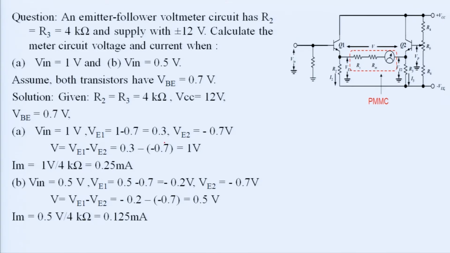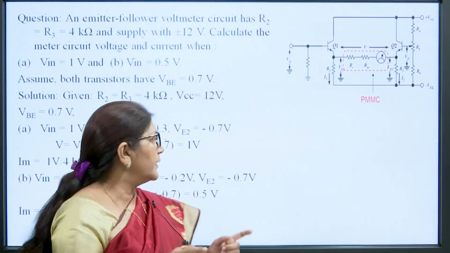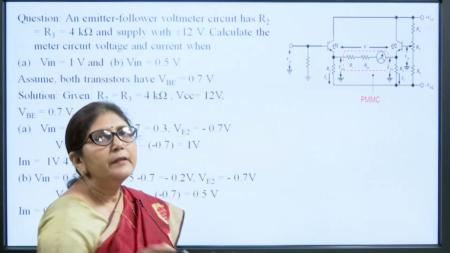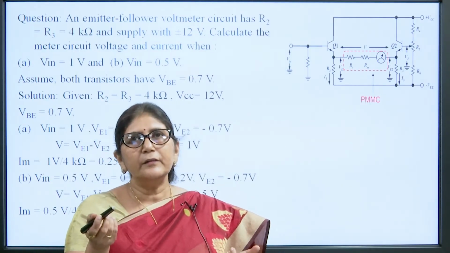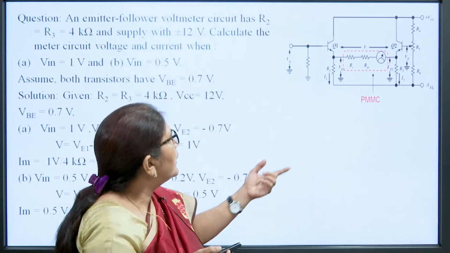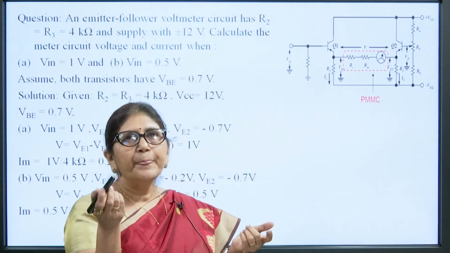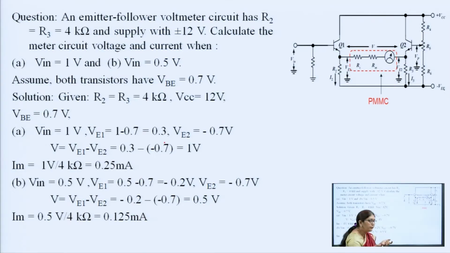We can also see this from an example. This is a circuit where R2 is equal to R3 is equal to 4 kilo ohm, and the supply is plus minus 12 volt. Calculate the meter current when V input is 1 volt and V input is 0.5 volt. We know that the voltage drop across base to emitter is 0.7 volt.